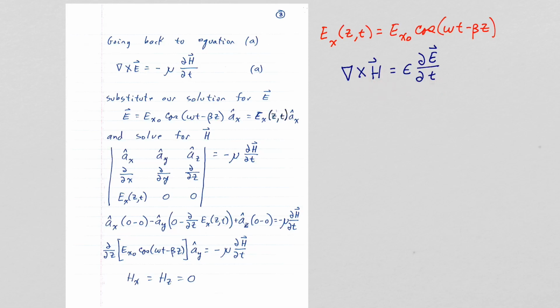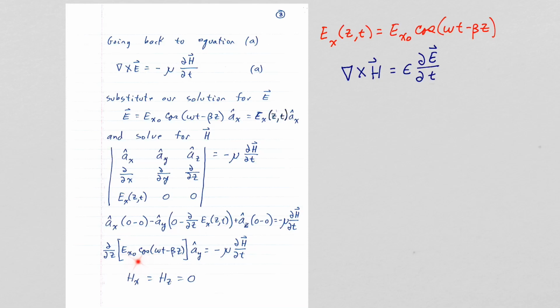Here is the form of the curl in Cartesian coordinates, and our electric field intensity only has an x component. Expanding this determinant, we see there is no x or z component of the magnetic field intensity. There will only be a y component, so it will be transverse to our electric field intensity.